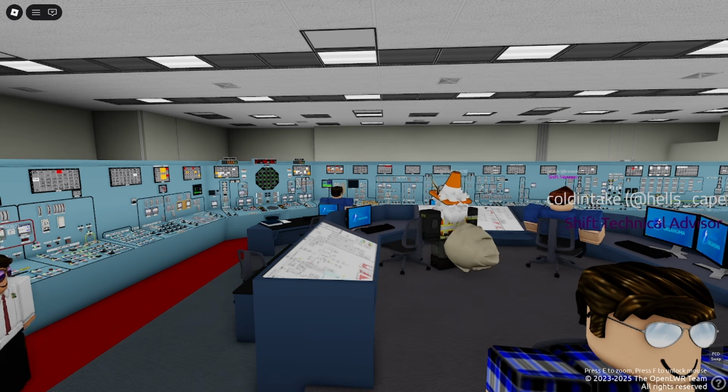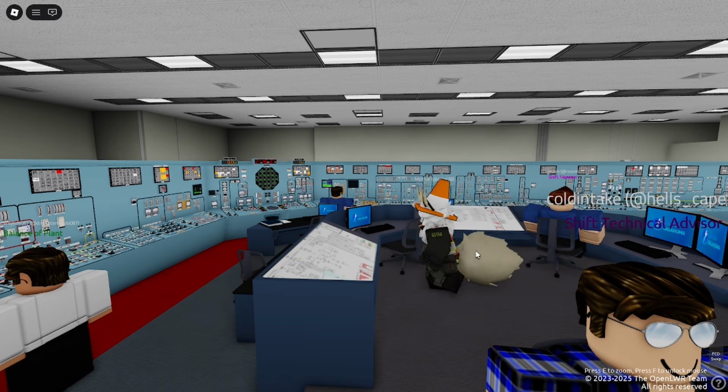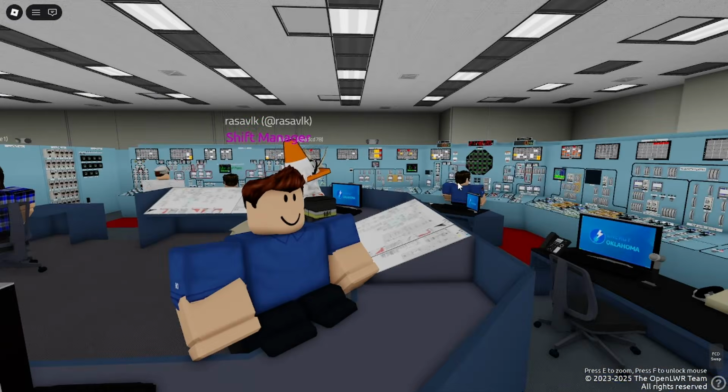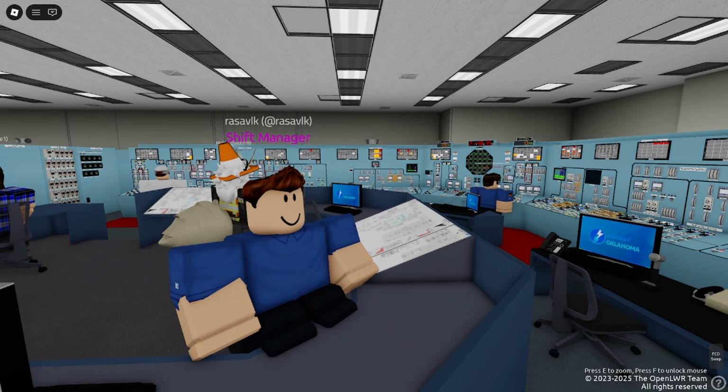Alrighty. CRS, that is all rods inserted. Understand that's all rods in. That's correct, and I'm securing SLC. Okay, I understand you're securing SLC. That's correct. Final SLC tank level is at 2800 gallons. Final tank level of 2800 gallons. That's correct.